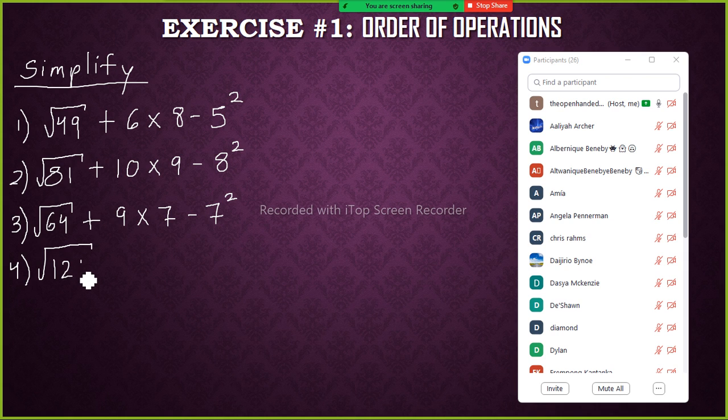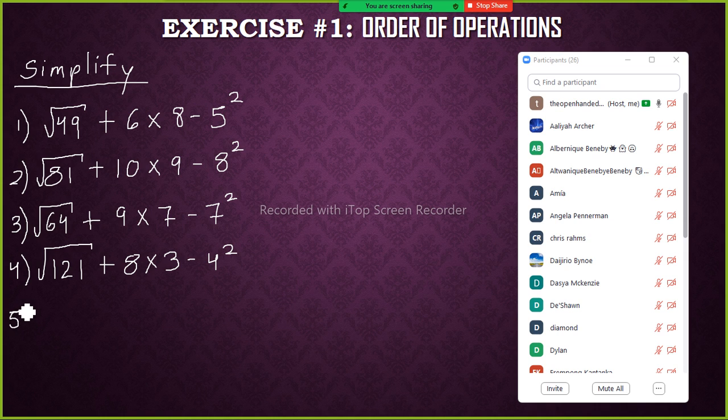Number 4, the square root of 121 plus 8 times 3 minus 4 squared.